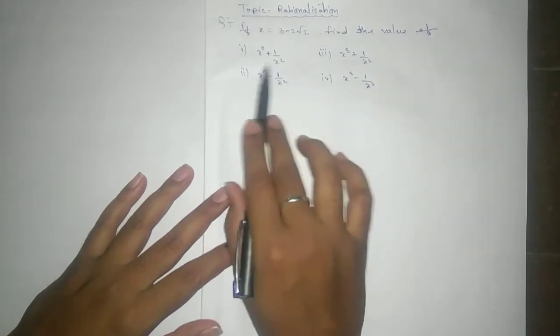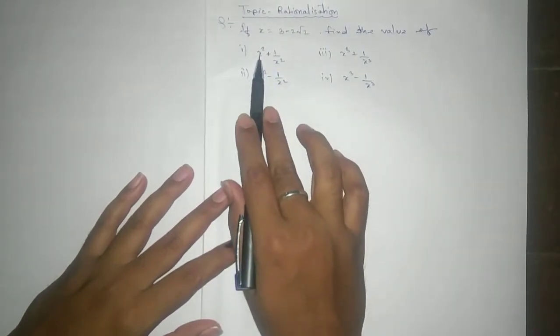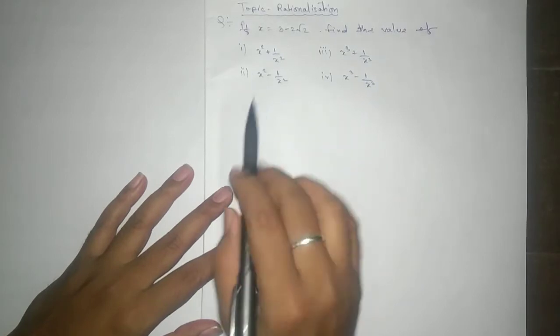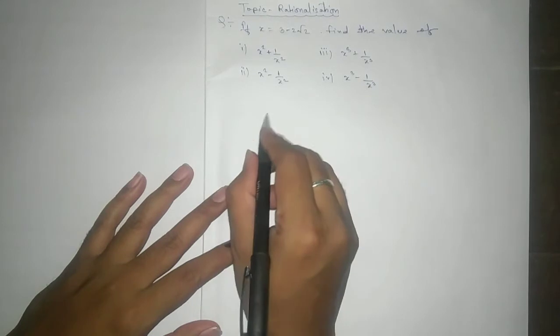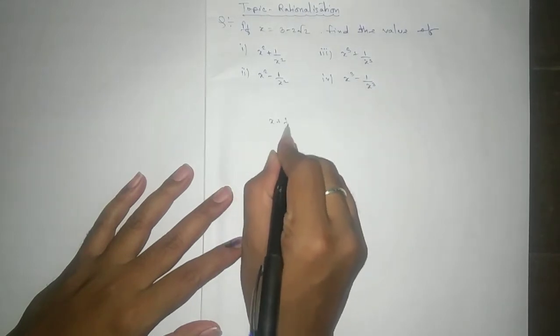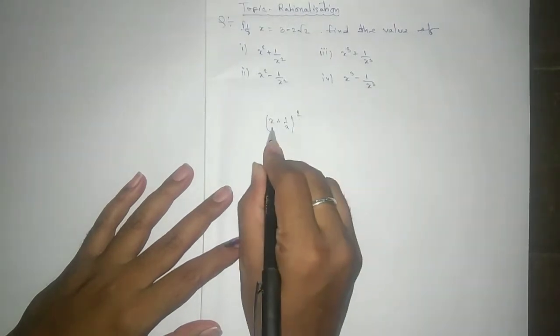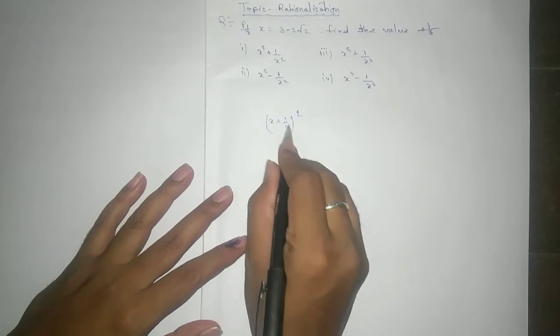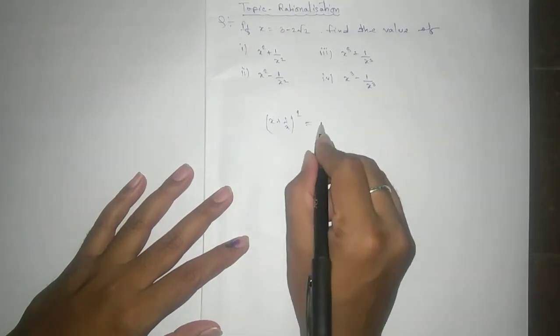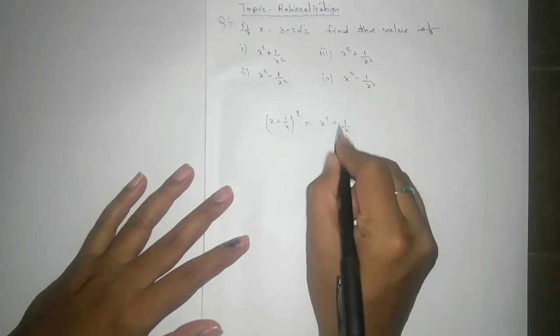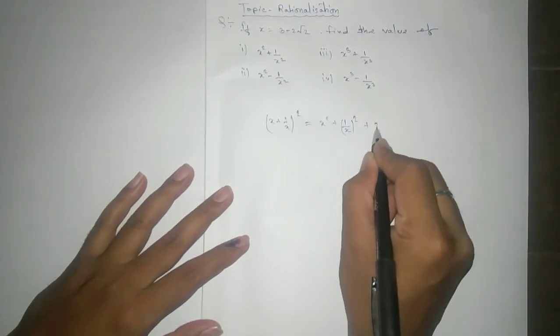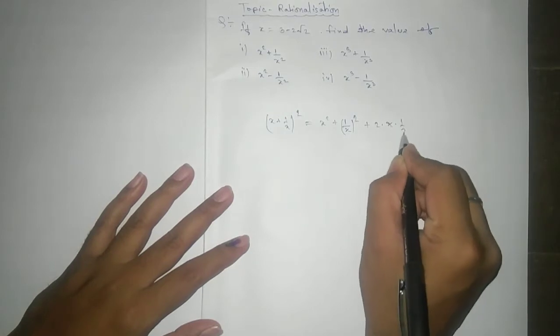So let's see how to derive the formula for x square plus 1 by x square. I hope you know the a plus b whole square formula. Here we take x as a and 1 by x as b. Then we can write a square plus b square plus 2ab.